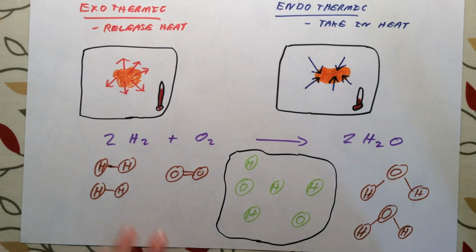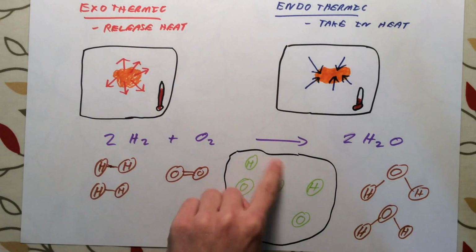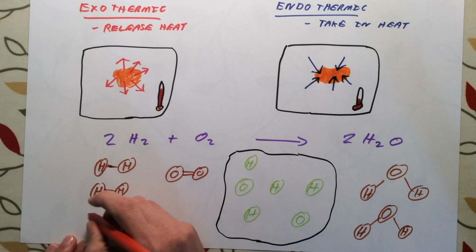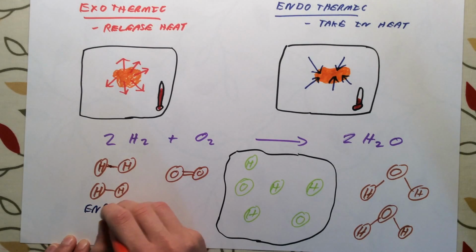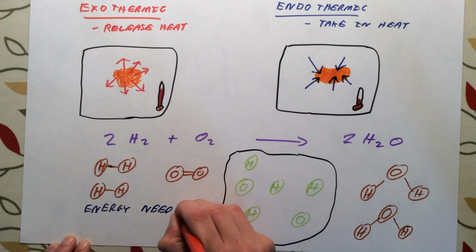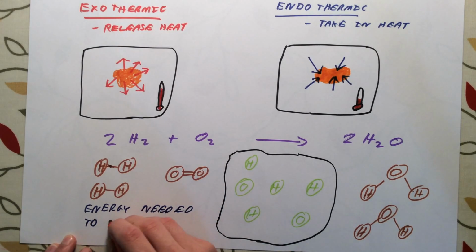In order to go from what I have here to having loose atoms like that, I have to put in a lot of energy. Okay, so I need to put energy in to break these bonds. Okay, so energy is needed to break bonds.